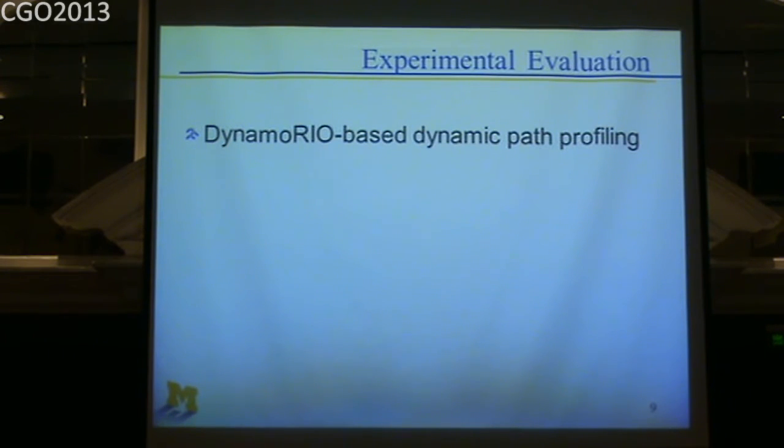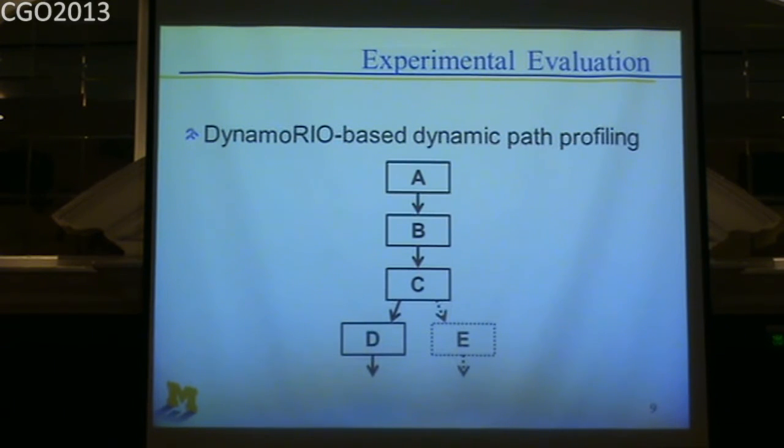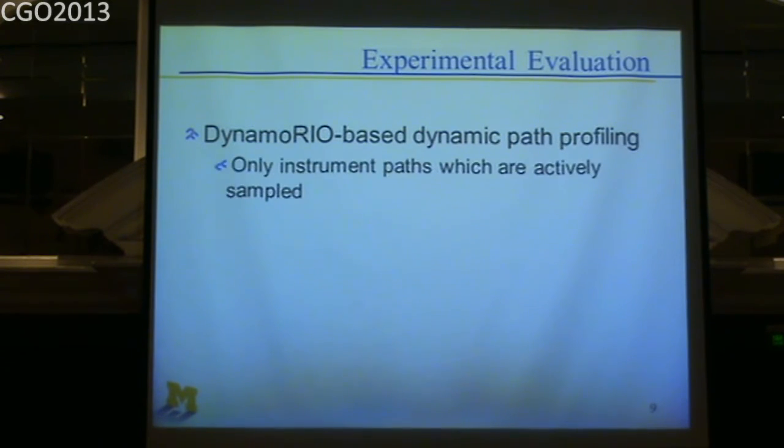And this is accomplished by sample profiling of finite length n paths determined by n conditional branches in a path. Again, where the final conditional branch is only seen to execute in a single direction. And a key insight here is that we need only instrument paths which are actively being sampled.